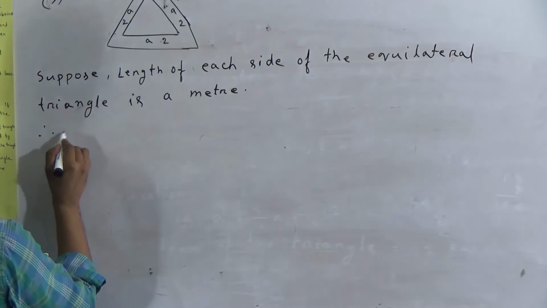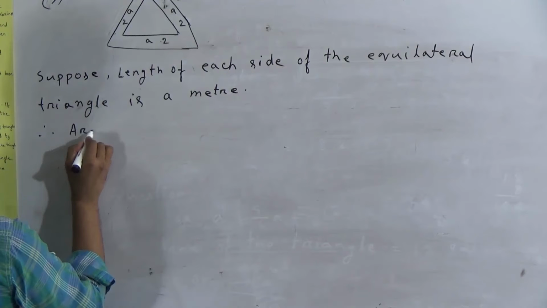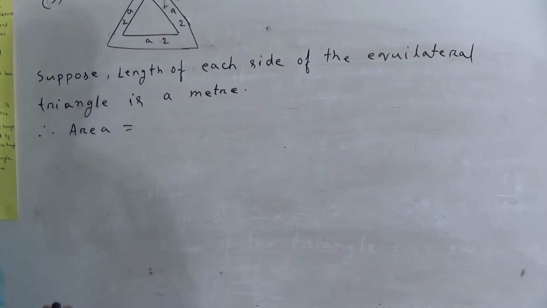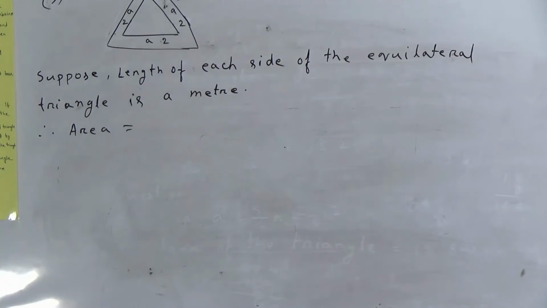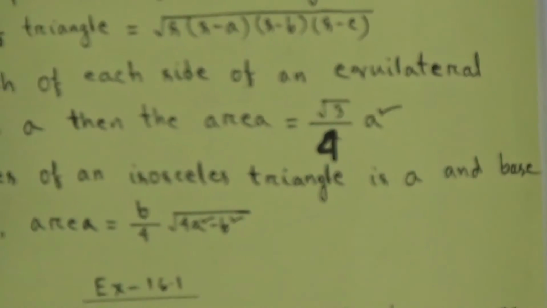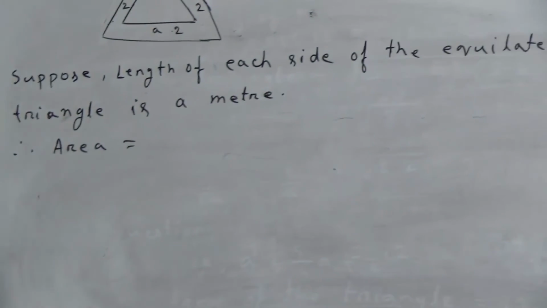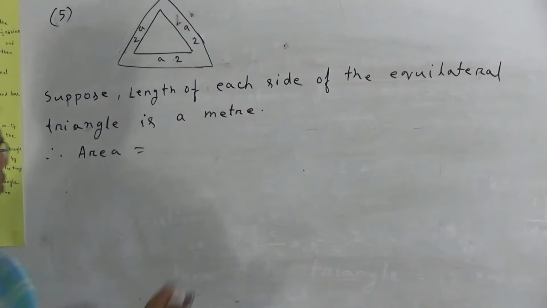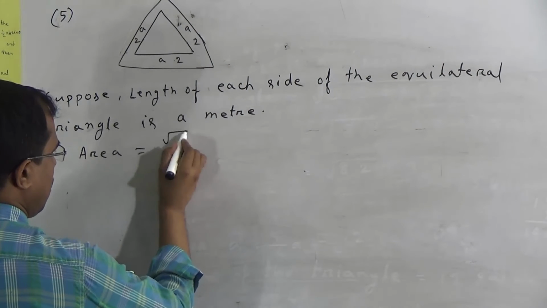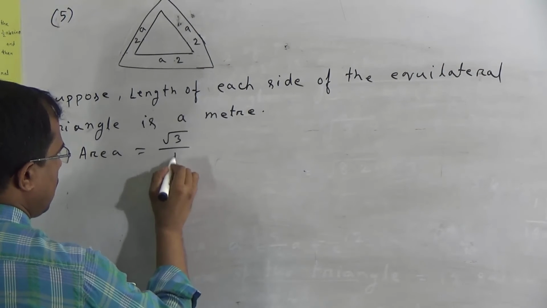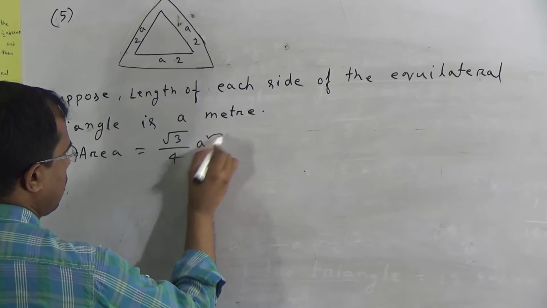Therefore, area is equal to, we know that if the length of each side of an equilateral triangle is a, then the area is root 3 by 4 a square. Here the length of each side of the equilateral triangle is a meter, so its area will be root 3 by 4 a square.